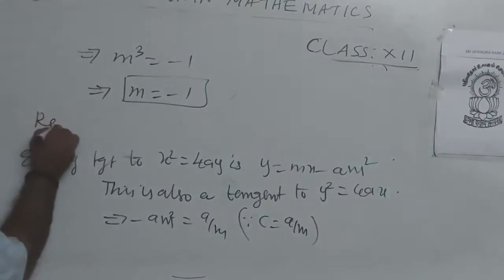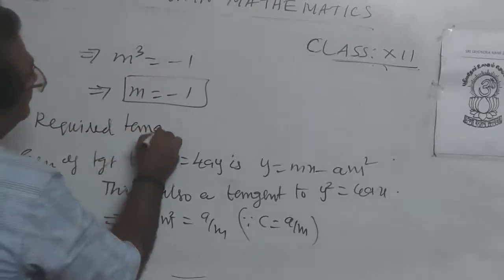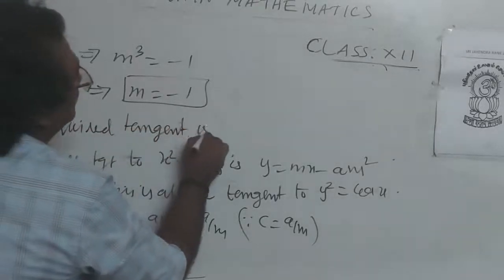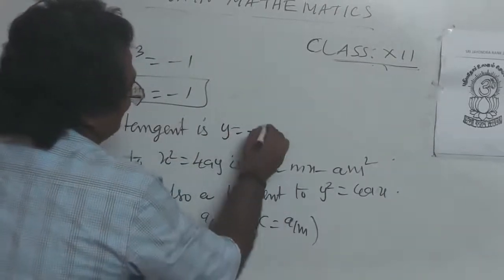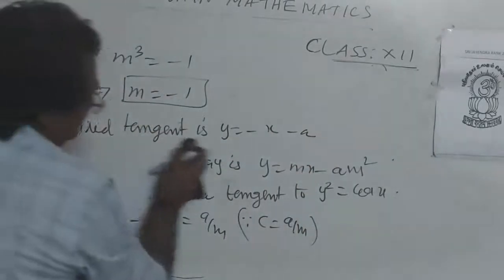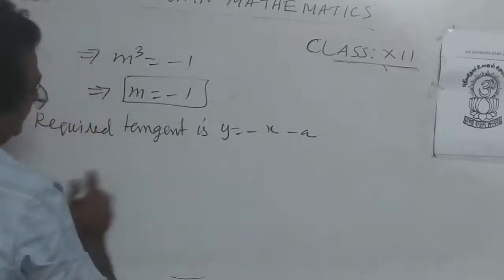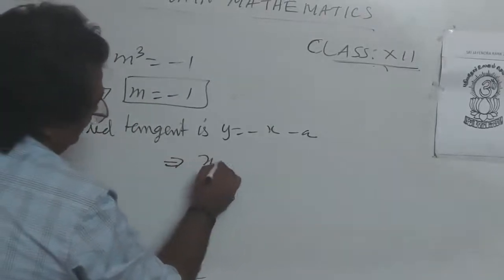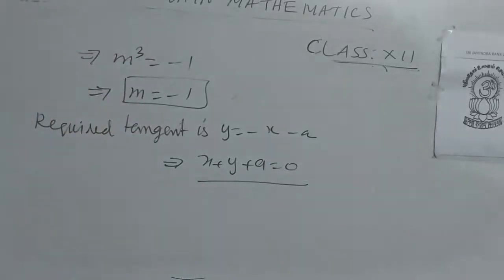So the required tangent is y equal to minus x minus a, that is x plus y plus a equal to 0.